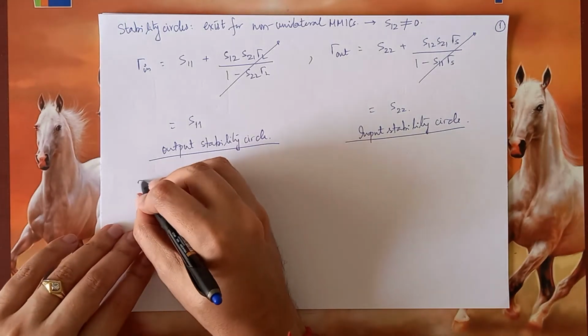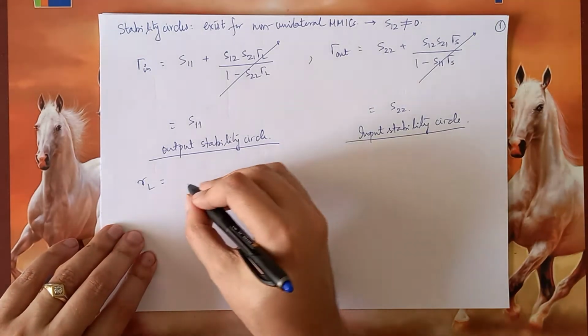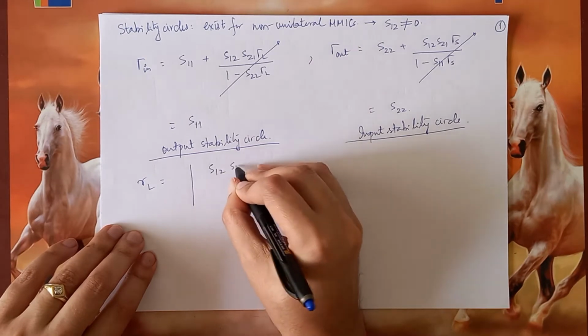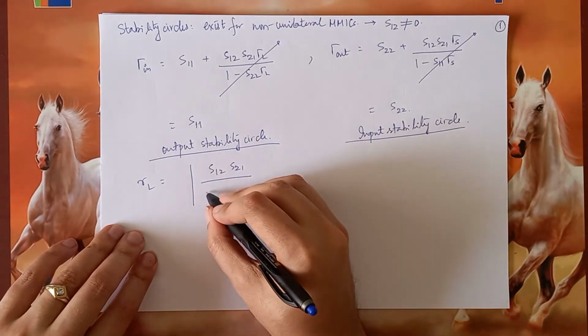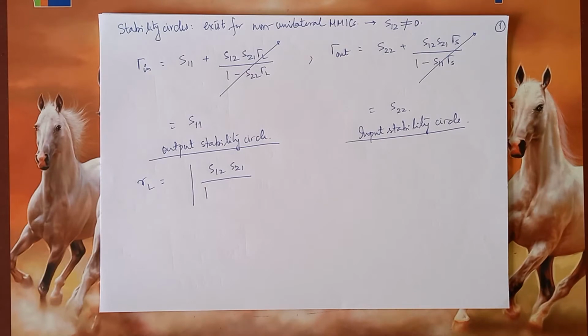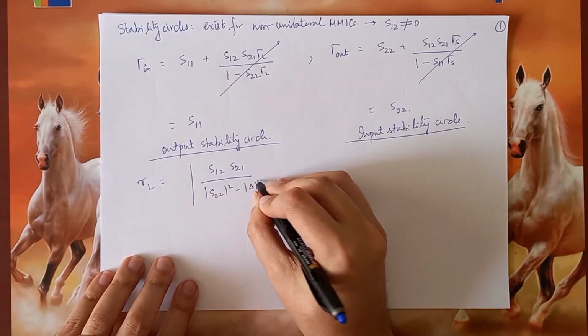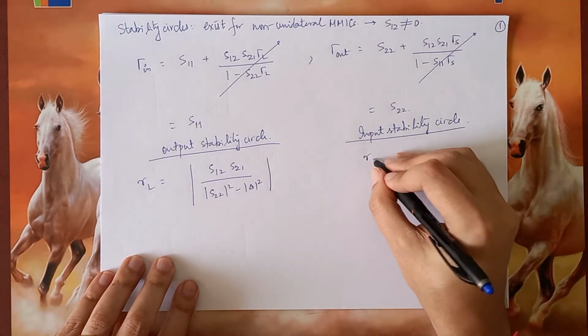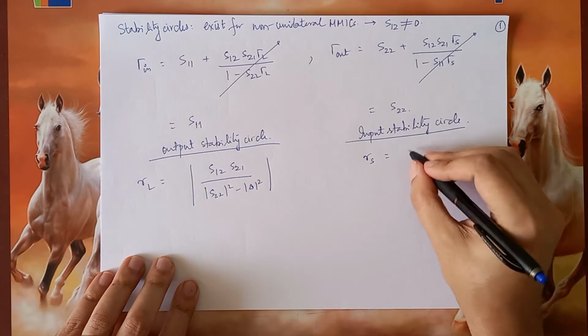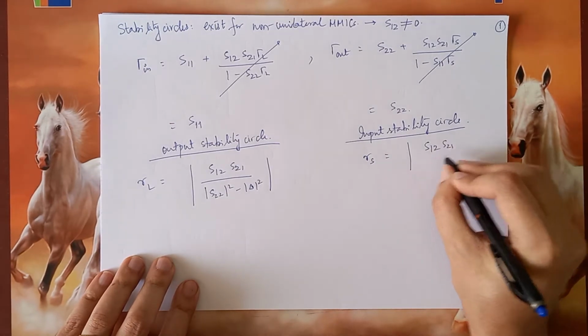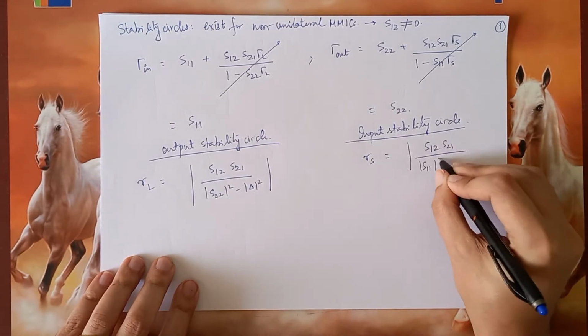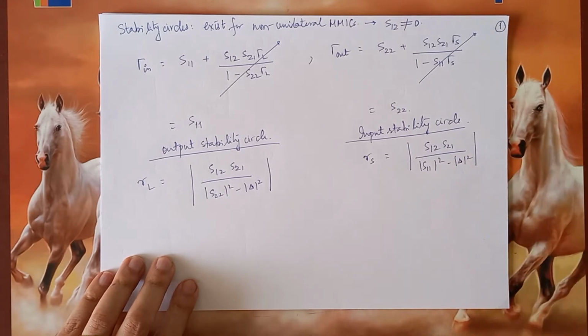The radius RL, if you recall, is given by S12 times S21 divided by the mod of mod S22 square minus mod delta square, and the radius of the input stability circle is S12 S21 divided by the mod of mod S11 square minus mod delta square.